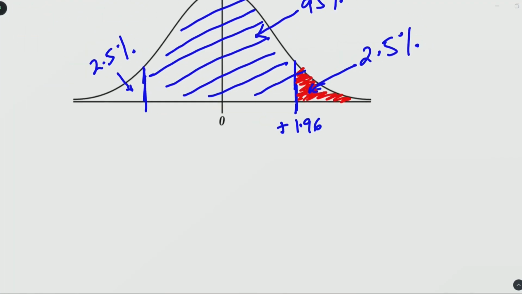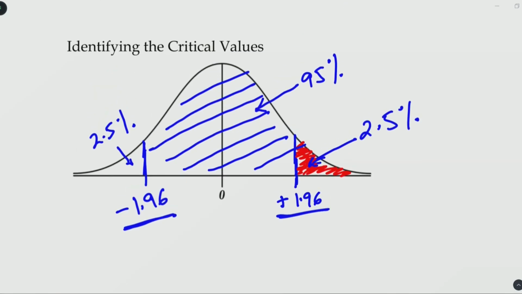The area which we trace on the other side, because of the symmetry, will give you exactly negative 1.96 following the same notion. So we have got our critical values that will be from negative 1.96 to positive 1.96.